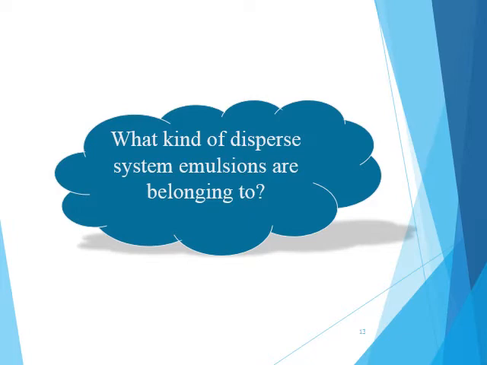If we are dealing with macroemulsion, then it can be classified under the category of coarse dispersion. But if we are talking about nanoemulsions and microemulsions, they more likely fall within the colloidal size range. So the answer depends on the type of emulsion.